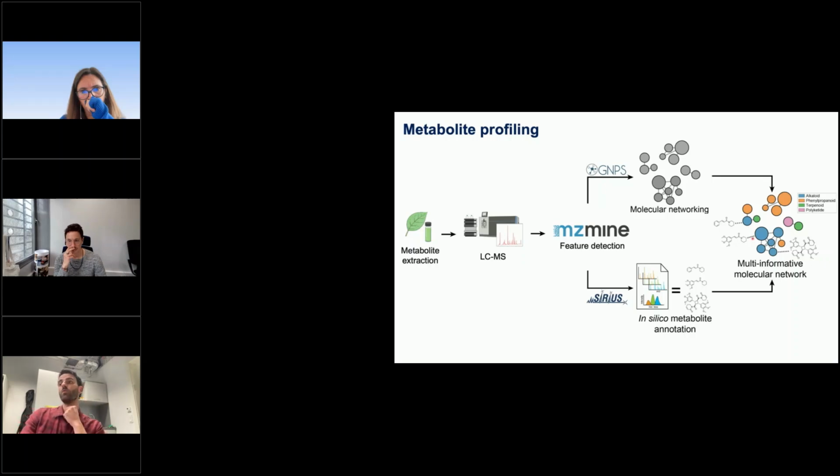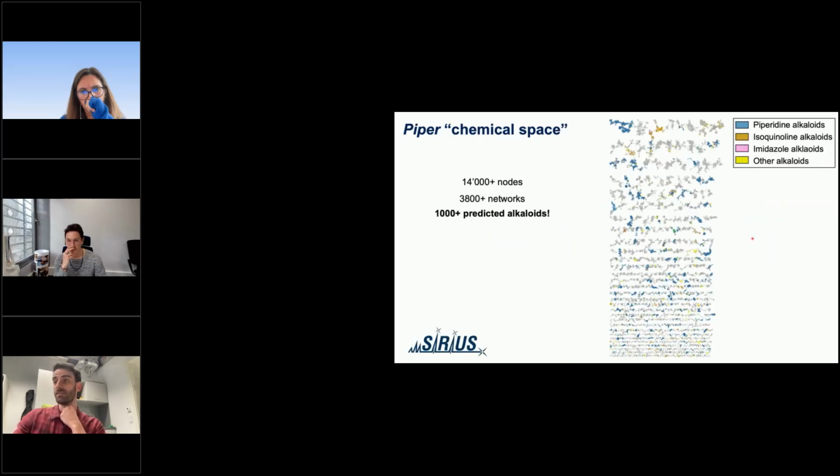So what you get out of this is something like this. This is the molecular network that resulted from the processing of my entire data set. You can see that it's quite massive, so 14,000 different nodes, which here you can think of as individual metabolites detected, organized in almost 4,000 molecular families.